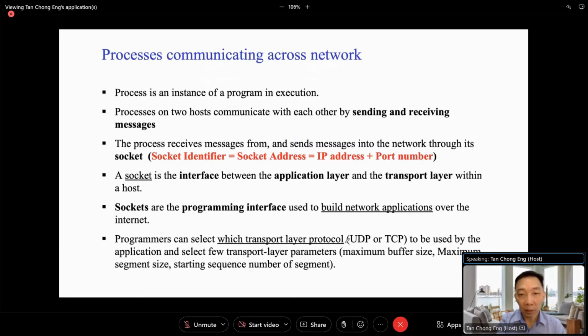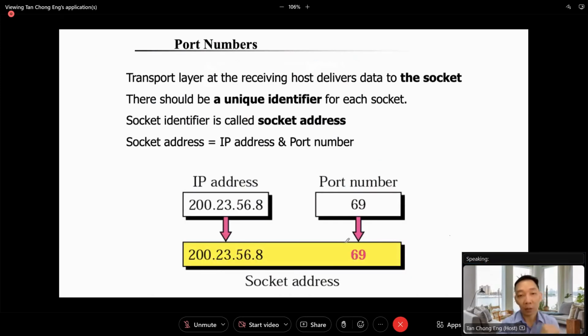Okay, so I think these are standard stuff. So let's look at the port numbers. Each computer will have an IP address, and each service running on this computer will have a port number. It's not limited to 1. You can have as many as are available.